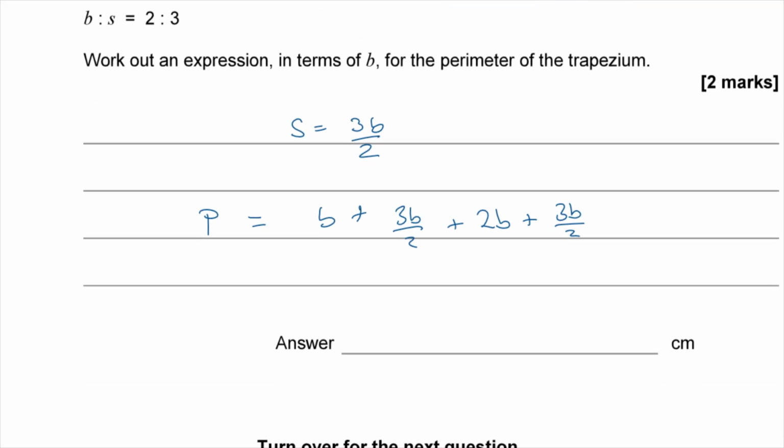Okay, now 3B over 2 plus 3B over 2, so they're two halves of the same thing, aren't they? So that's going to give me 3B. So 3B plus 2B plus B is going to give me 6B altogether. So P is equal to 6B, 6B centimeters.